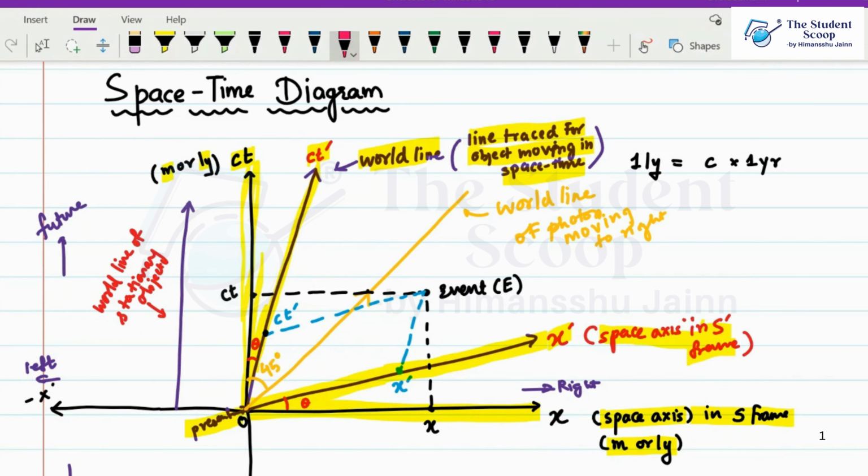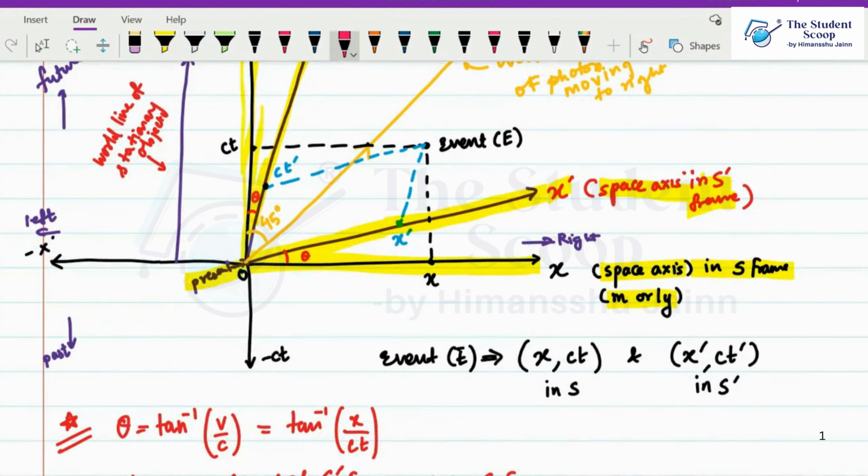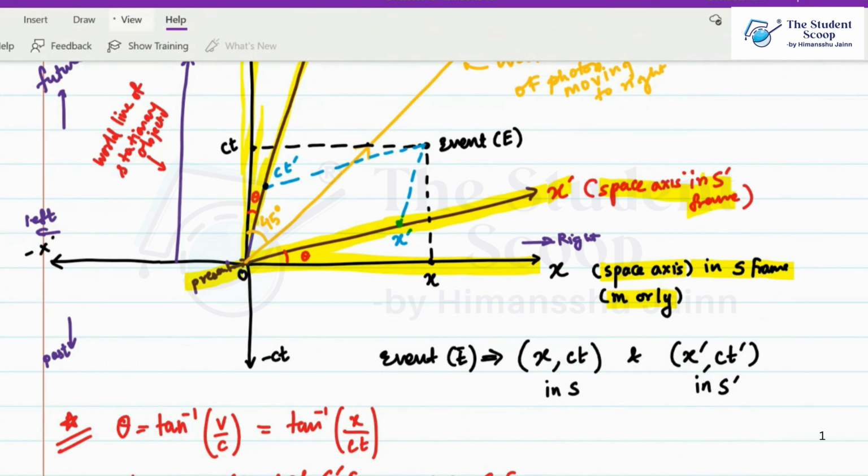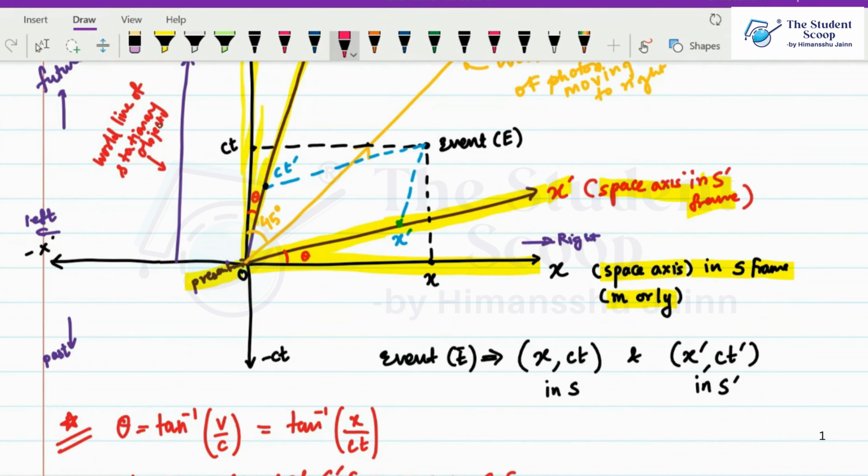Okay, and we can see that there is a relationship for this theta. This theta can be given as theta is equal to tan inverse of v by c. So v is the speed of the spaceship, or the speed of the moving frame, S dash.